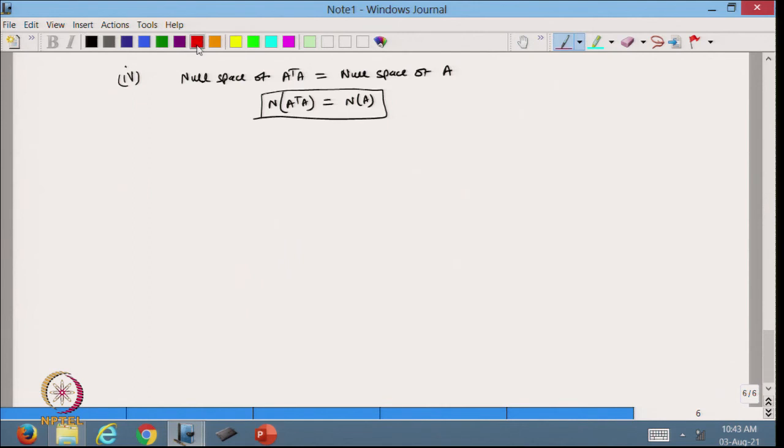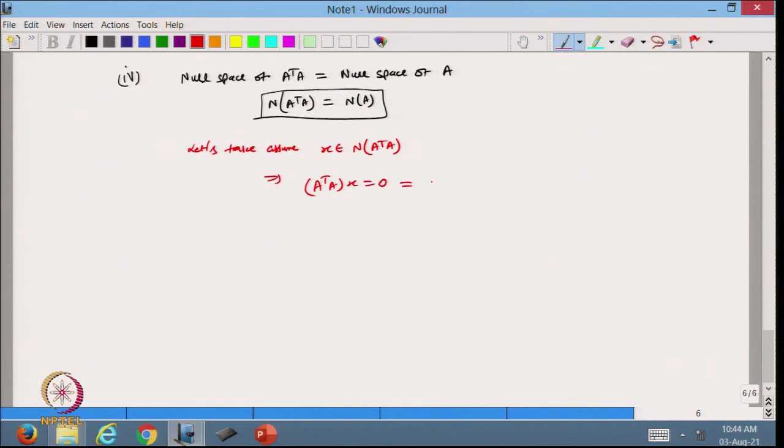Now let us assume x belongs to the null space of A transpose A, which implies that A transpose A x is equal to 0.